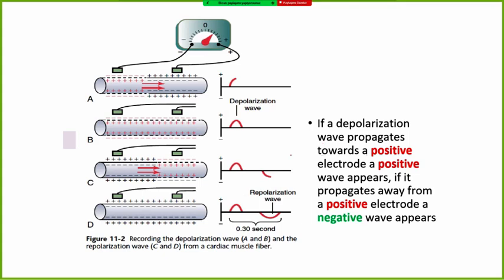Here, as you can see, this is the positive electrode and this is the negative electrode. If the depolarization wave propagates towards the positive electrode, a positive wave occurs in the recording. But if it propagates away from the positive electrode, this time we see a negative wave here.